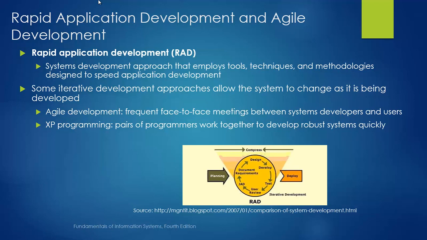Some iterative development approaches allow the system to change as it is being developed, such as the agile development, which involves frequent face-to-face meetings between systems developers and users. And we have also extreme programming, or XP, which is a software development methodology intended to improve software quality and responsiveness to changing customer requirements.